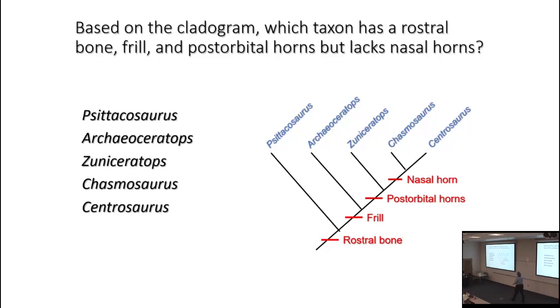Okay, let's just double check. So as you march up this tree, rostral bone is shared by all these guys. Stegosaurus lacks a frill, then all these guys inherit the frill. All these guys get postorbital horns, but the nasal horn happens after the split between Zuni and these two, so in fact, you are indeed correct.